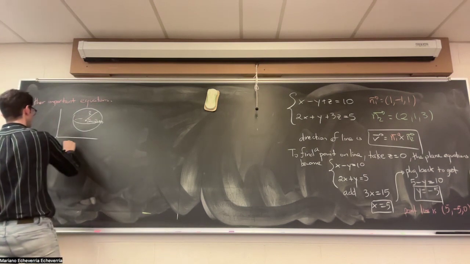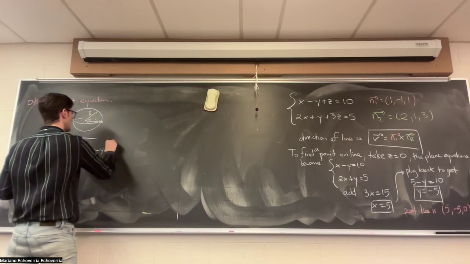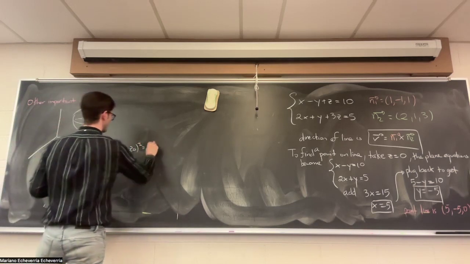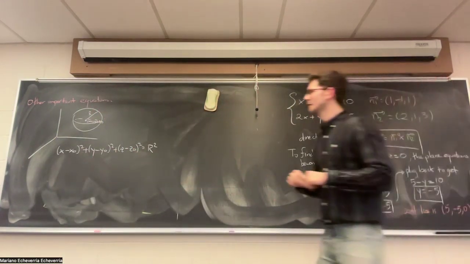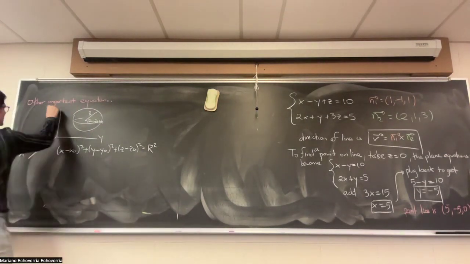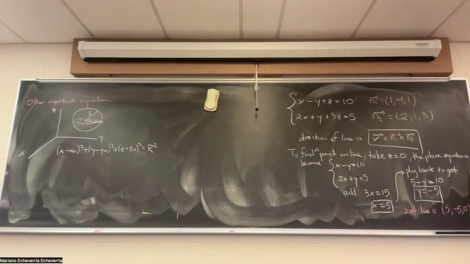So the equation is (x minus x naught) squared plus (y minus y naught) squared plus (z minus z naught) squared equals r squared. So that's what the equation for a sphere looks like. Again, there's not too much that we'll do with them at the moment, but it's useful to at least know how to recognize them for now.